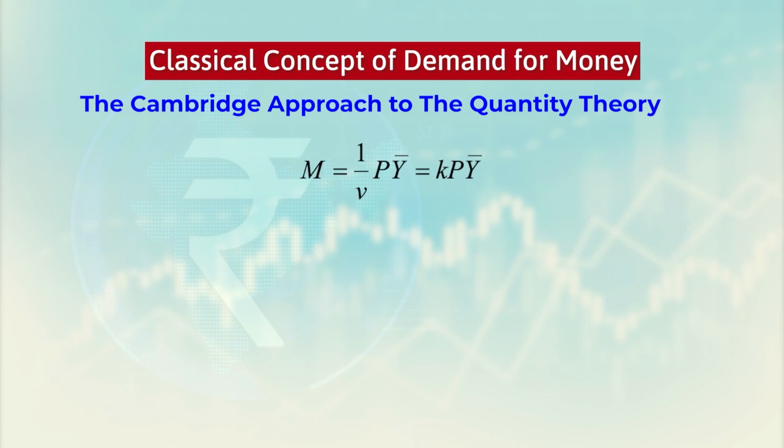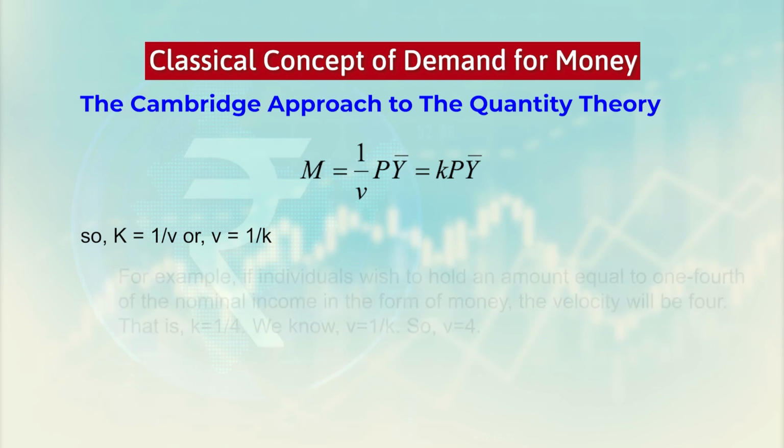The money supply is M, and on the right hand side of this equation you can see there is a price level given by P and there is Y bar. In our previous analysis, we mentioned this as small k. This small k is essentially the reflection of the velocity of money. This small k is 1 by v, or v is essentially equal to 1 by k.